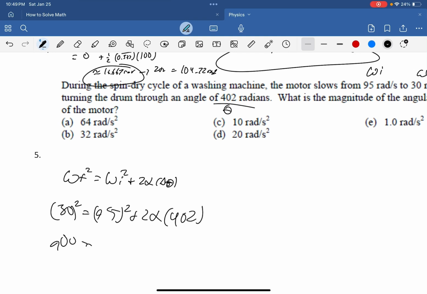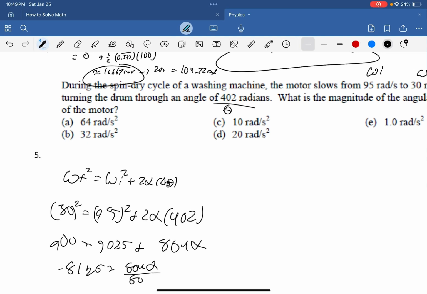I don't know how I couldn't have done that in my head. 95 squared is 9,025, plus 2 alpha times 402, which is, let me just rewrite that as 804 alpha. So then we subtract 9,025 from 900. So this is going to be negative 8,125. It's equal to 804 alpha.